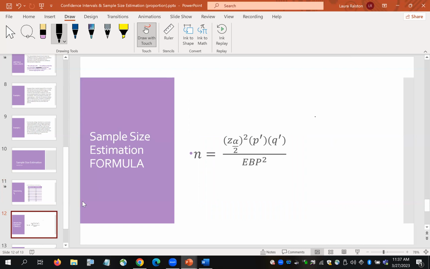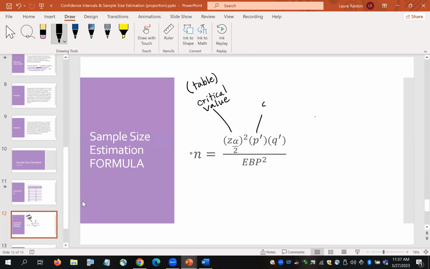In this formula, the Z alpha divided by 2 is your critical value. That critical value comes from the table. And notice that value is squared.